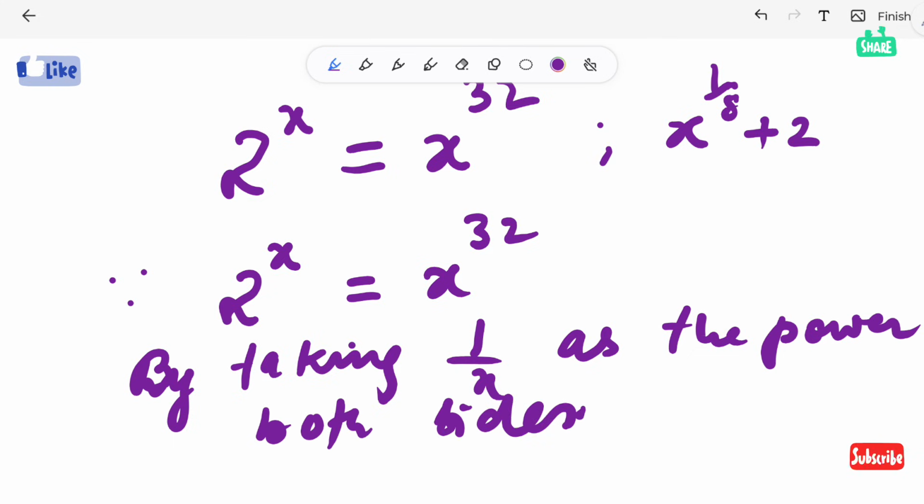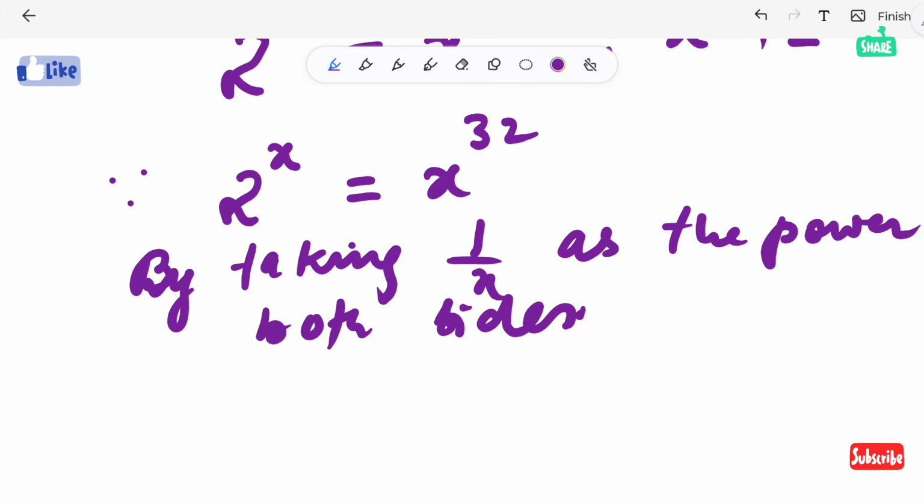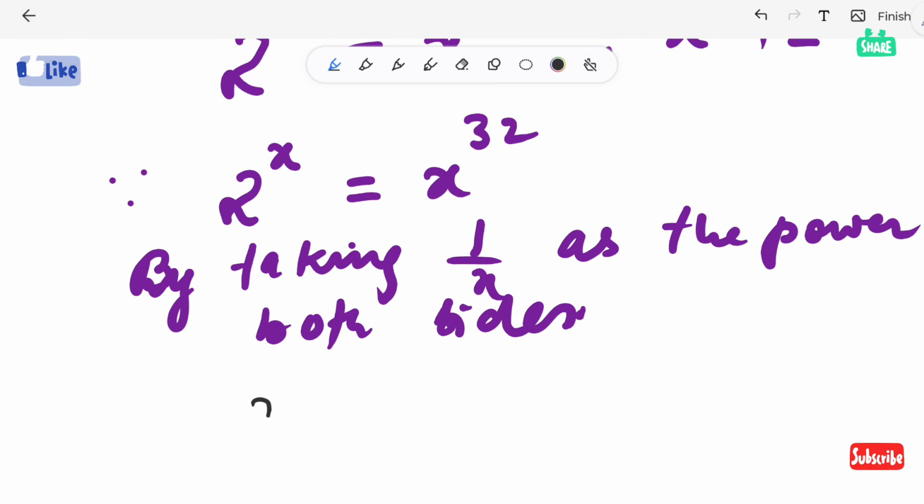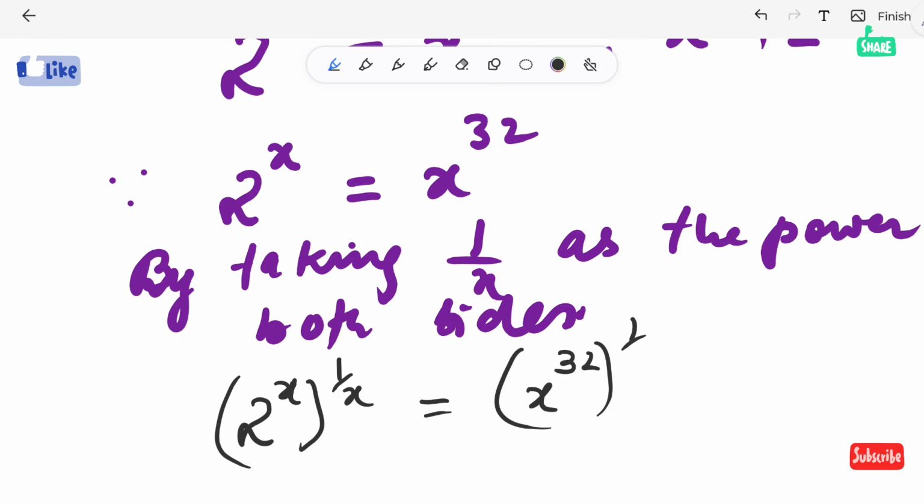So what will happen if I take 1 by x? So it will become 2 to the power x with 1 by x as the power, and on the right, x to the power 32 with 1 by x as the power.